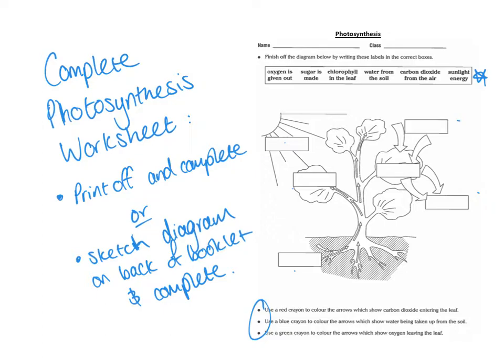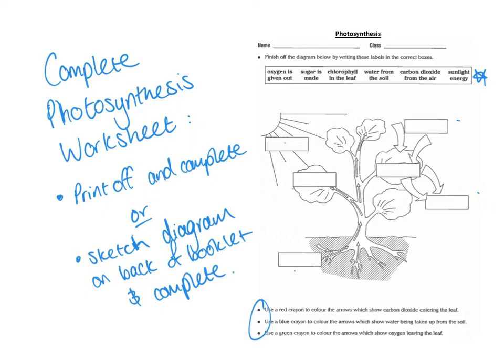The other thing you can do if you don't have a printer at home is to sketch this diagram. The back page of your booklet should be nearly all completely blank. So you can sketch this diagram and then add the labels to it, including the coloured arrows. But if you do that, you'll need to have a little key as to what colour represents what.